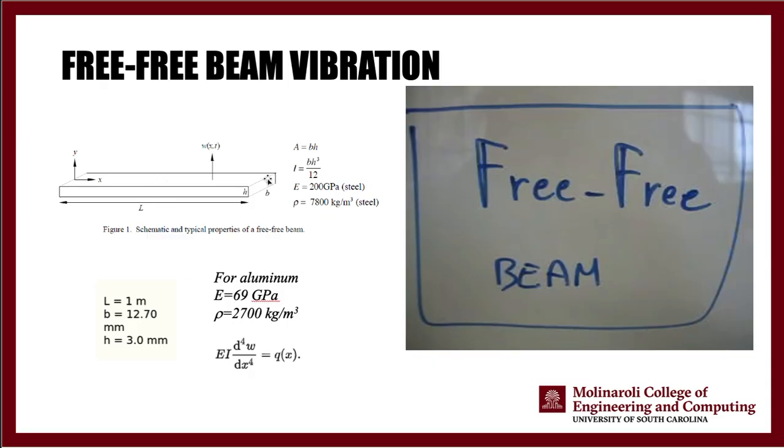Shaker in the middle, 2 free ends. So as you can guess, this is not a free beam because there is a shaker in the middle, right? But you're going to investigate whether a free beam theory actually can predict the correct node locations.